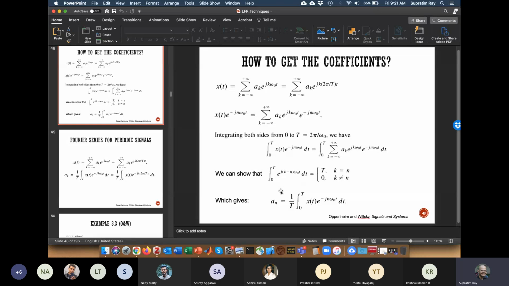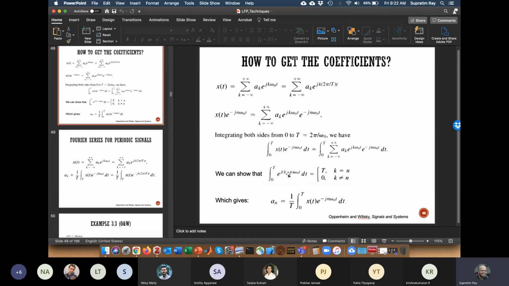If I integrate a complex exponential like this, the integral is zero whenever k is not equal to n, because this becomes cos((k minus n) omega_0 t) plus j sin((k minus n) omega_0 t).